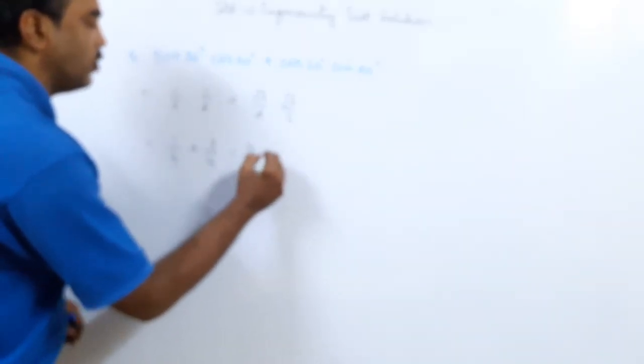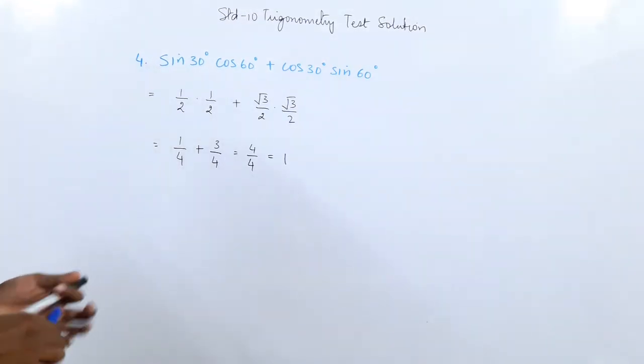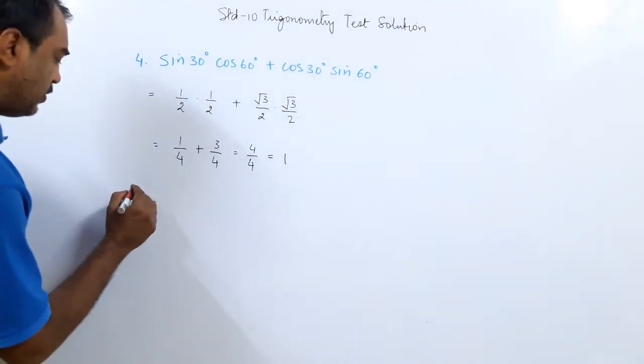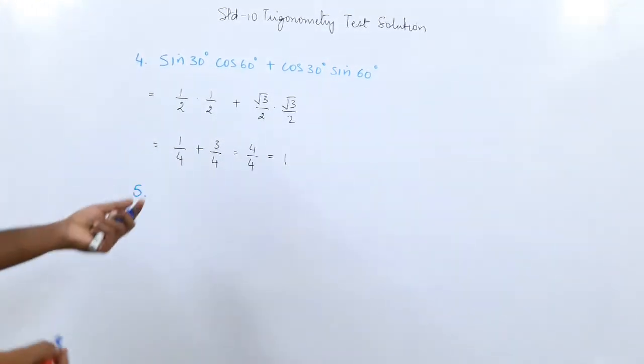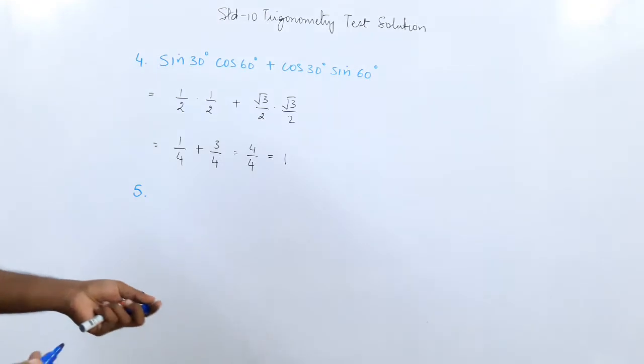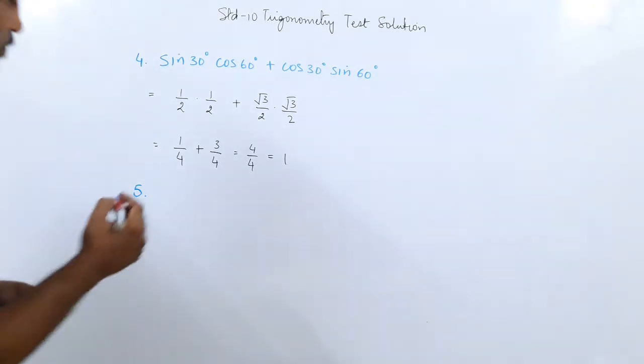This is 4 by 4 and the answer is 1. So I hope many of you have got this answer correct, right? This is quite easy, but what you need to know here is the value. Any type of sum is asked, you only put the value and get the answer.